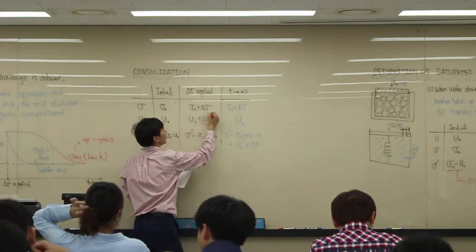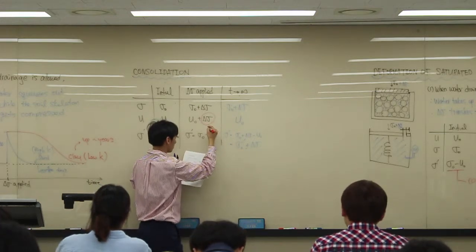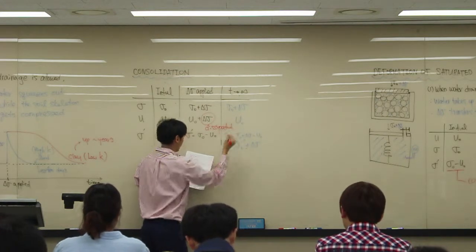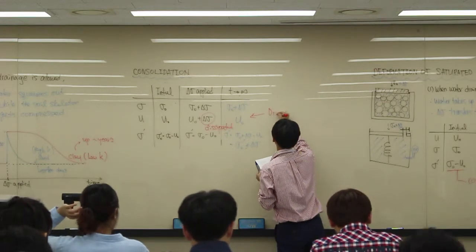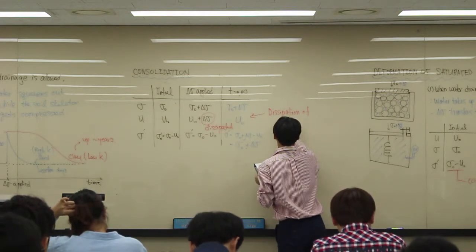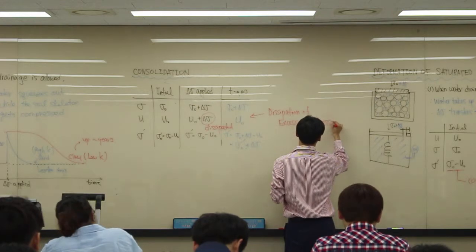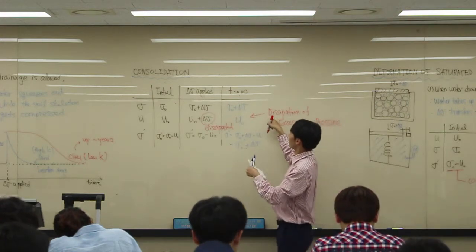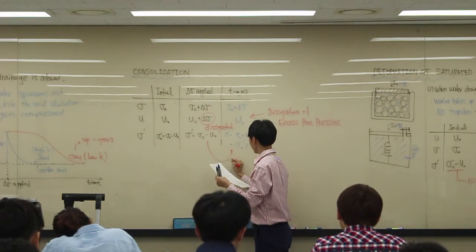So, summary again: the excess pore pressure dissipates as the drain is open, so that it becomes the initial value. And while the excess pore pressure is decreased, effective stress is increased.